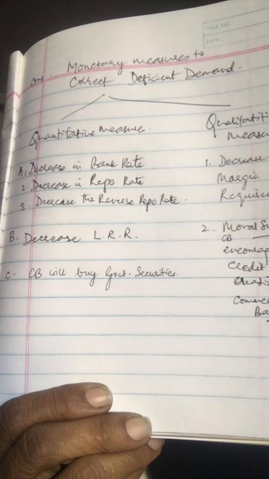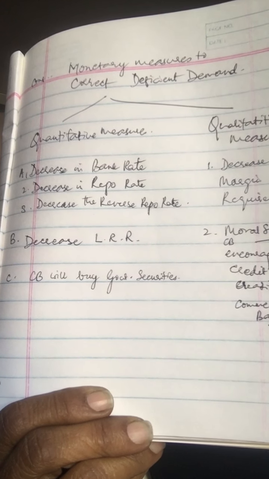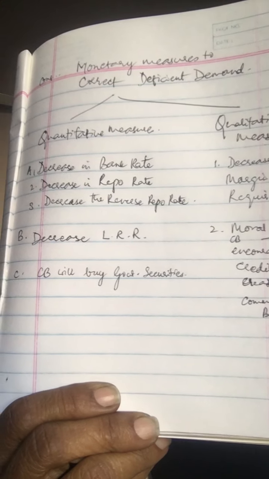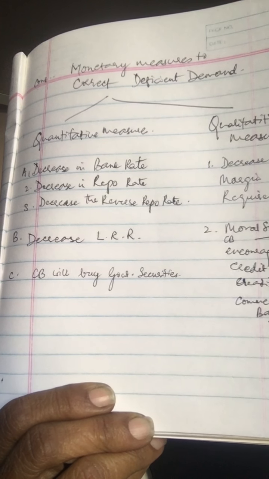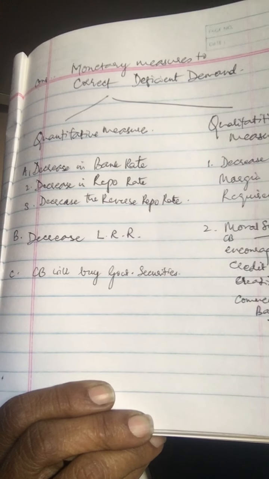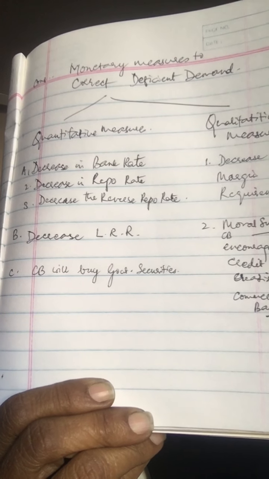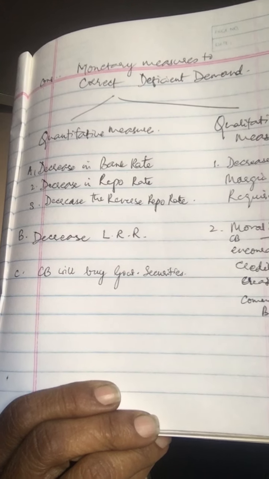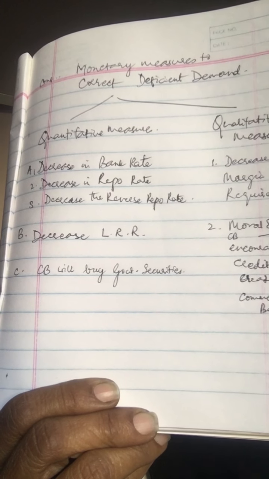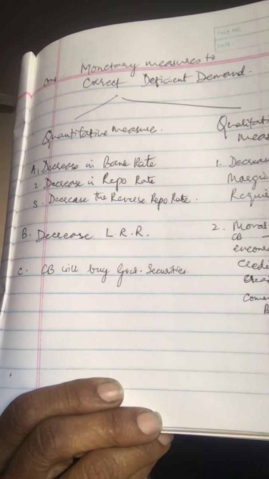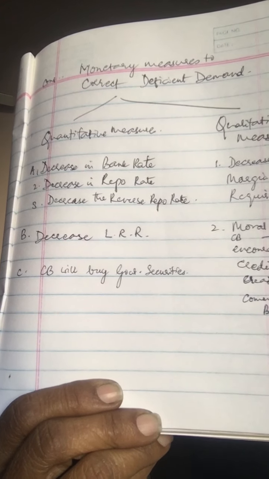When the central bank purchases securities from the market, it makes payment to the sellers through checks. The sellers of these securities deposit these checks in banks. Thus, money flows from the central bank to the commercial banks. So the deposits with the commercial banks encourage lending, which raises the level of aggregate demand.